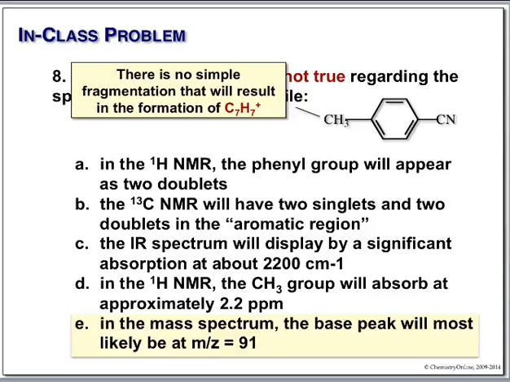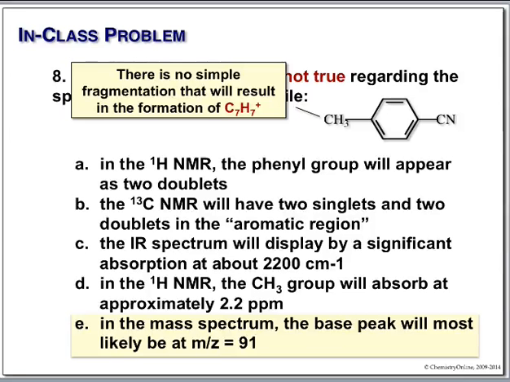They're each attached to a hydrogen, so this will be a doublet. These two carbons right here are also identical, plane of symmetry right through here. These two are identical, they have a hydrogen, so they will both appear as doublets. Two singlets, two doublets.